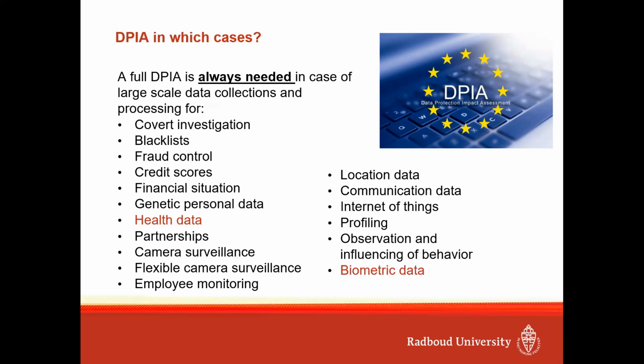But sometimes when you do research into very specific, what we call special category data of the GDPR, like genetic personal data here, then such a DPIA may be relevant as well.